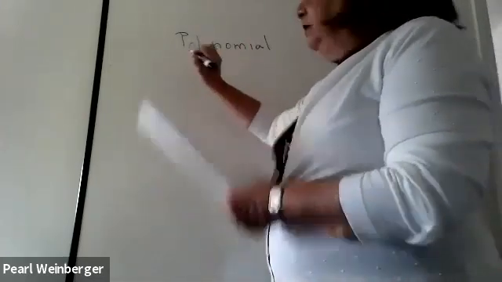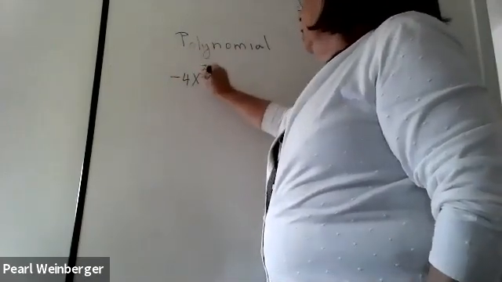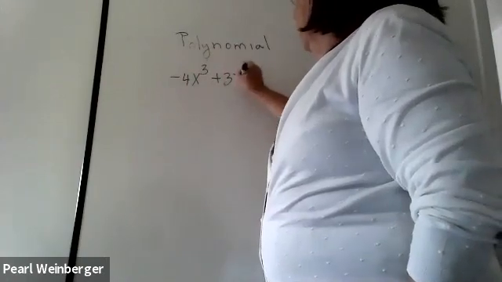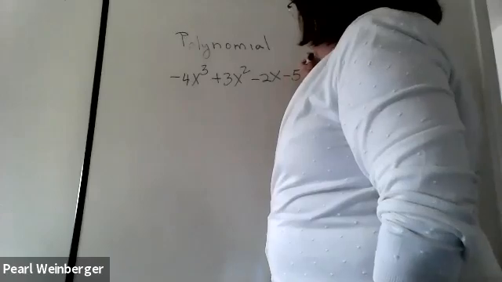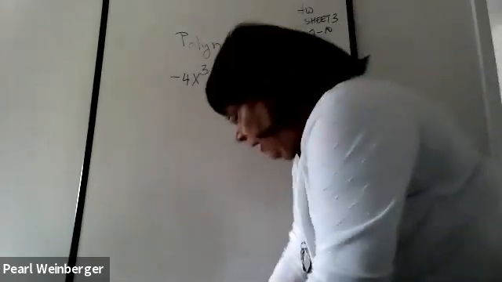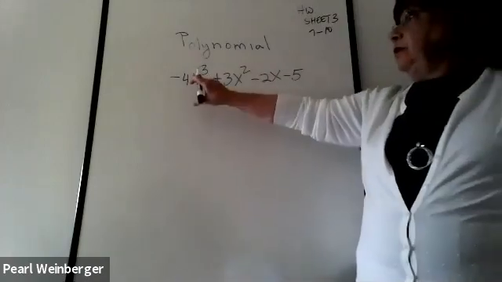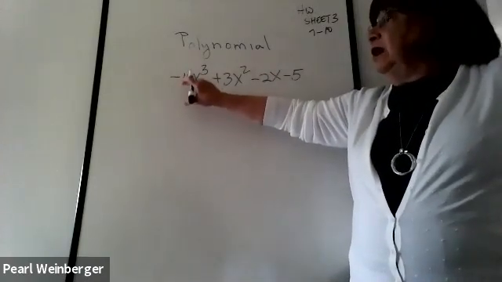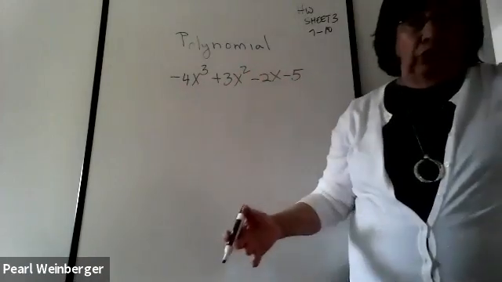Something like this: negative 4x cubed plus 3x squared minus 2x minus 5. This would be a polynomial. An example of a polynomial. It consists of 1, 2, 3, 4 terms.